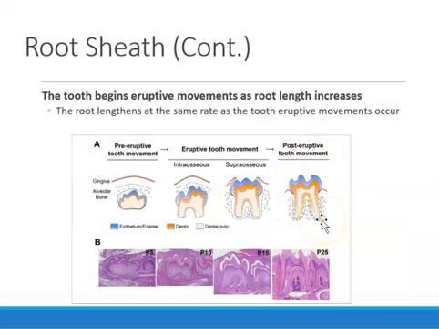While the tooth begins its eruptive movements, as it's going up, the root still starts to grow, to lengthen, and the root length increases. Once it's fully erupted, the root is probably fully formed. So as it's erupting, the root is still developing.